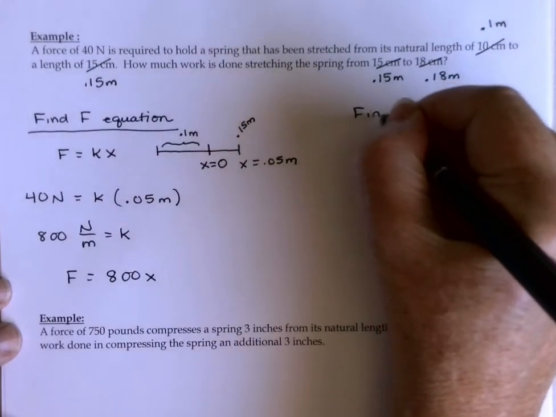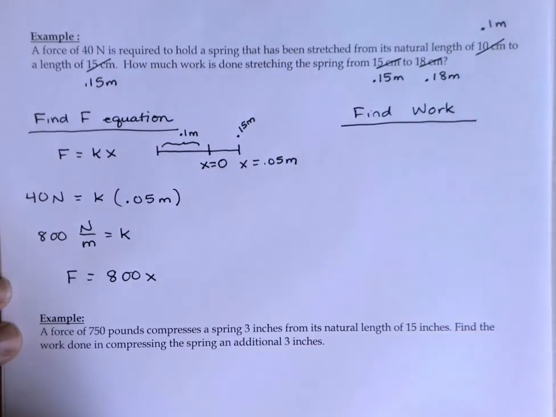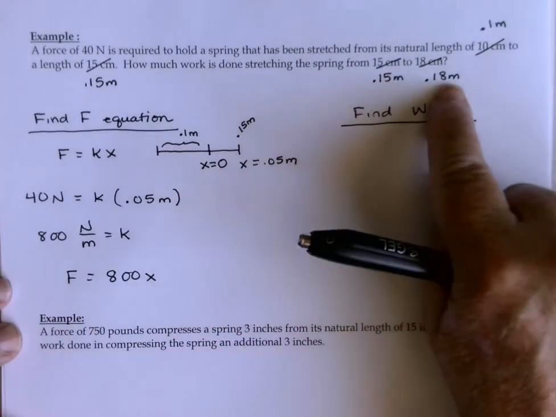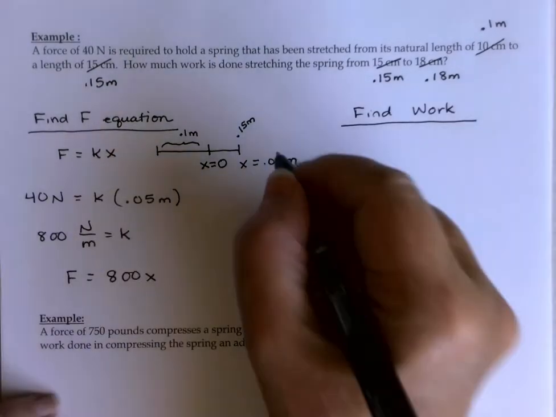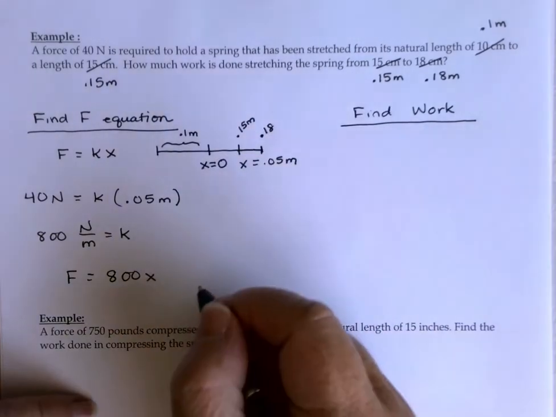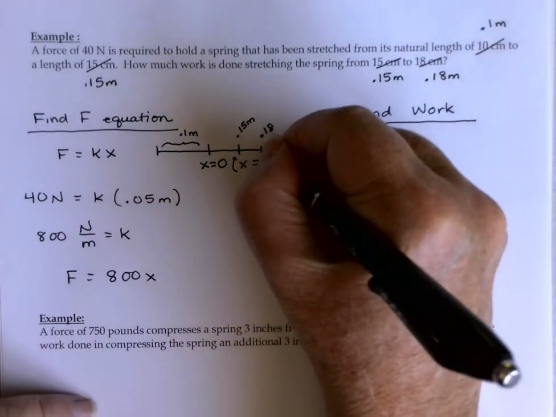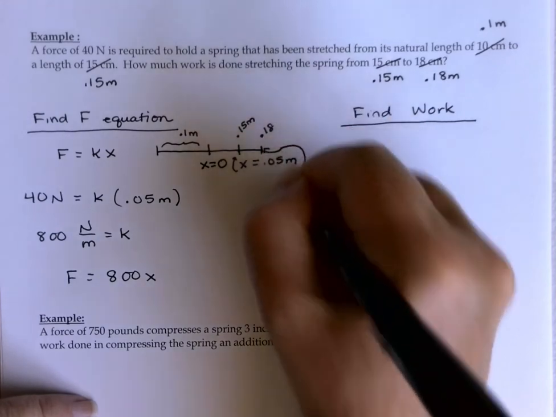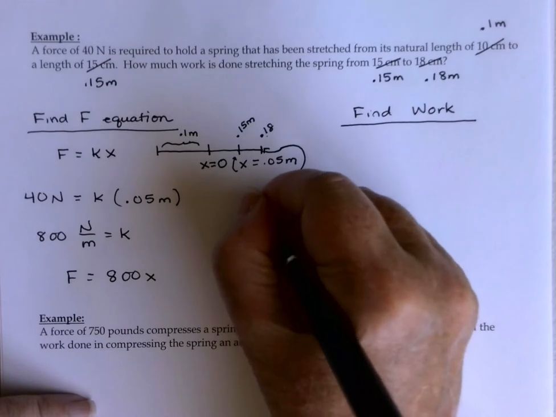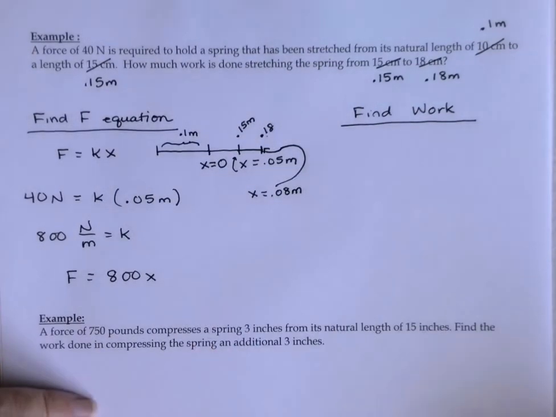All right, now I'm ready to find the work. I now know that my goal is to stretch from 0.15 to 0.18. So if I go out a little bit further here to 0.18, that was the x equals 0.05, this would be 0.08 past equilibrium. So this x is 0.08. This is my starting position.